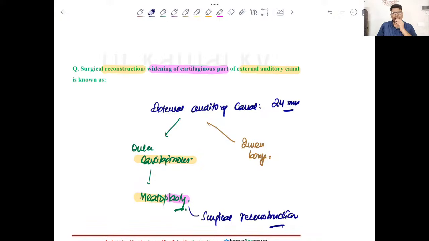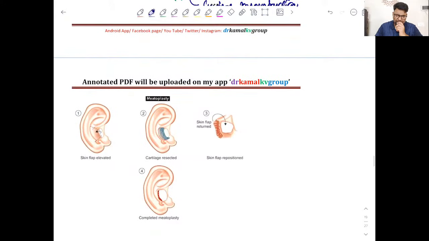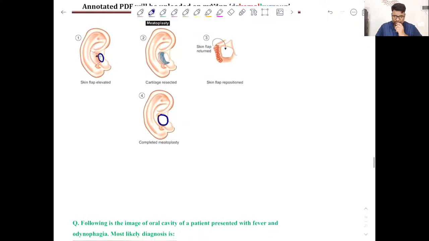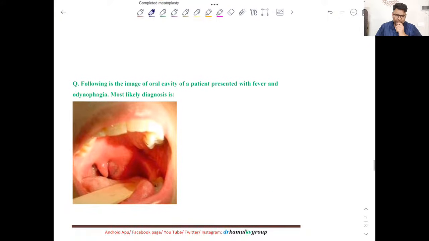Clear? So this is Meatoplasty. Fine. And if you can see here, these are the steps which are involved in Meatoplasty. So again you can see this was the original, and now it has been enlarged, something like this. So this is Meatoplasty. Chalo, next question.